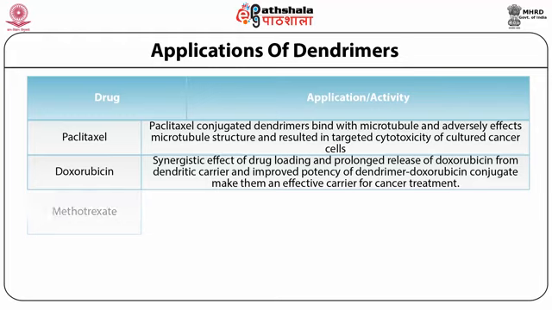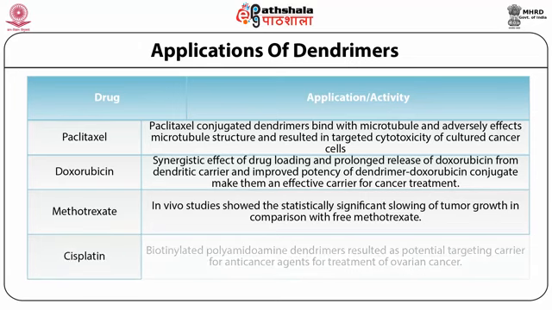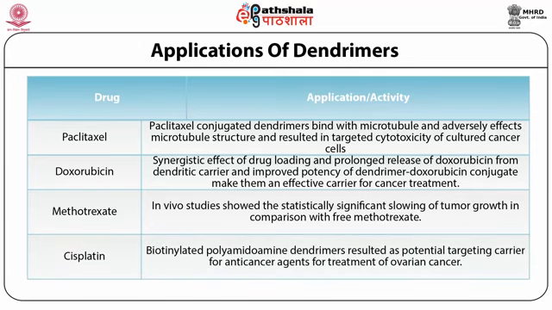Similarly for methotrexate, in a research article, in vivo studies showed statistically significant slowing of tumor growth in comparison with free methotrexate. Then cisplatin biotinylated polyamidoamine dendrimers resulted as a potential targeting carrier for anti-cancer agents for the treatment of ovarian cancer.